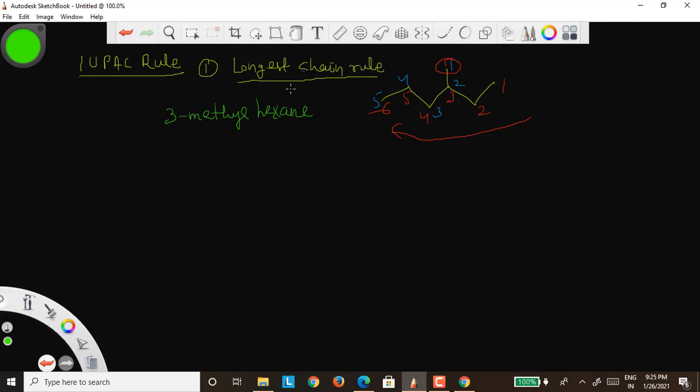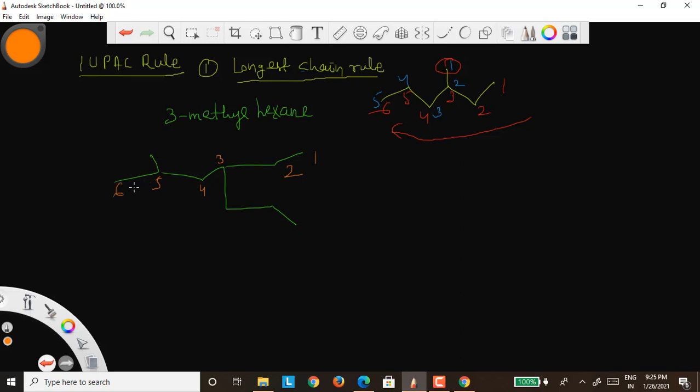Now suppose you have a structure like this. So how can you give numbering and naming? Let us see. You can number like this: 1, 2, 3, 4, 5, 6.